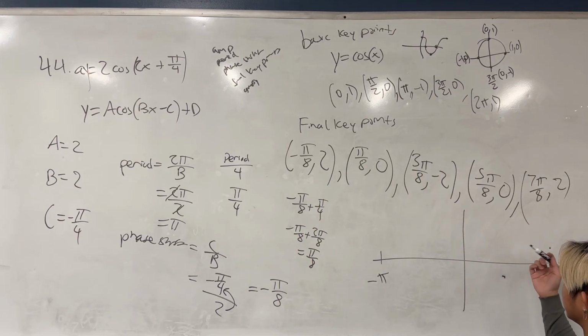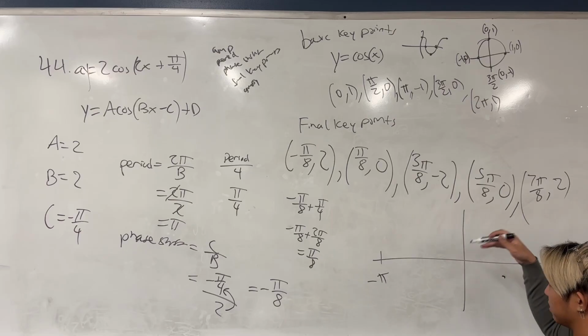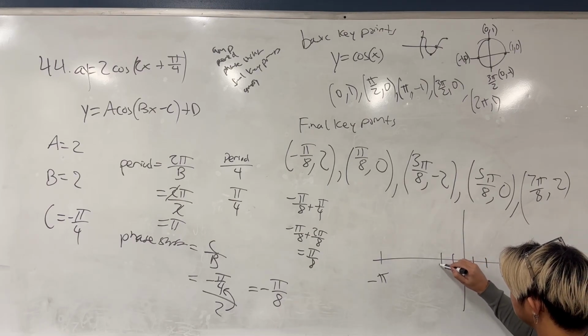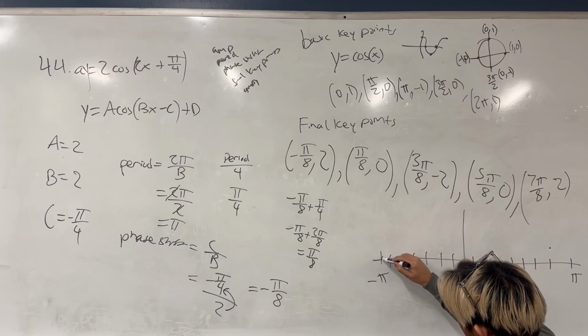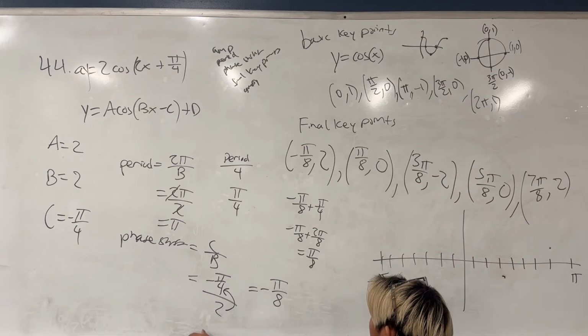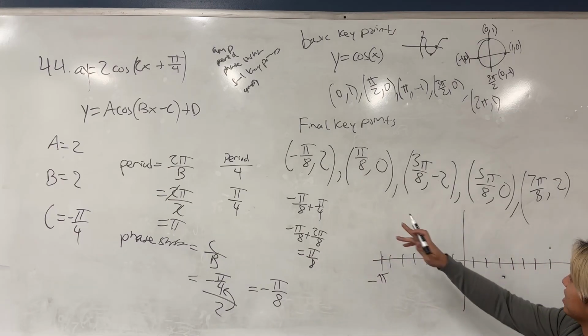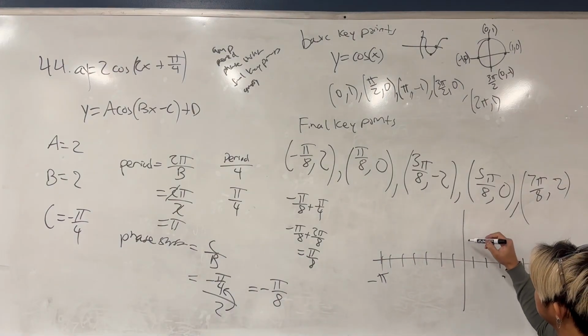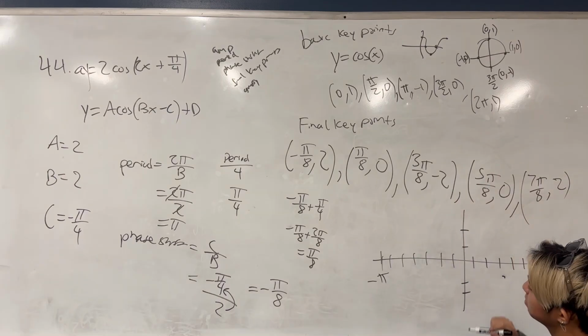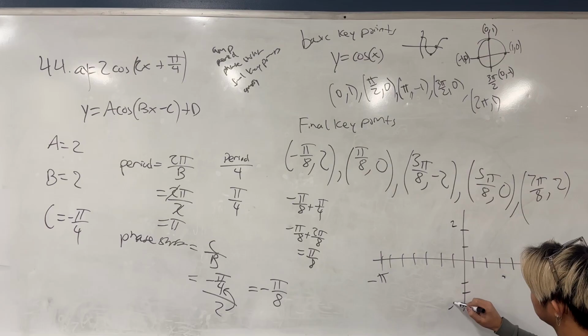So now I just divide this up into eight intervals. 1, 2, 3, 4, 5, 6, 7, and then 8 is the last one. Then amplitude is 2, so I'll do 2 here. Boom. So this is 2, negative 2.